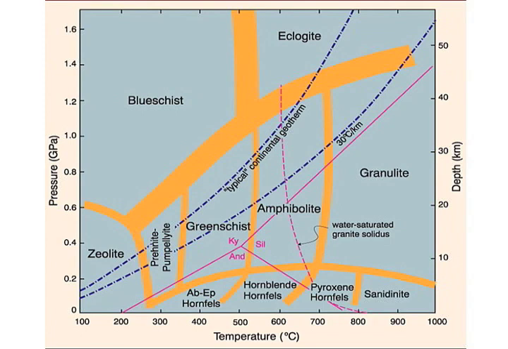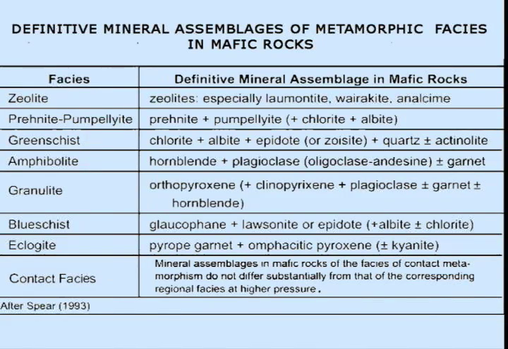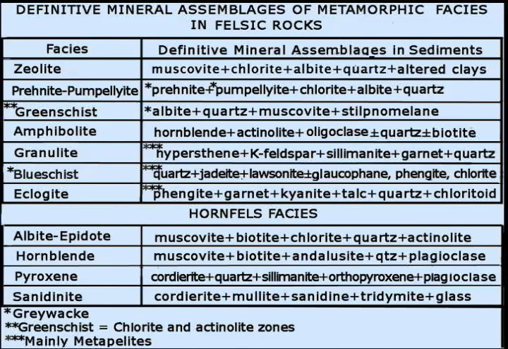The sets of minerals that identify the successive metamorphic facies of mafic igneous and sedimentary rocks are shown on these 2 charts. The sets differ because of divergence in the kinds of minerals originally present in either of the 2 kinds of rock undergoing alteration.